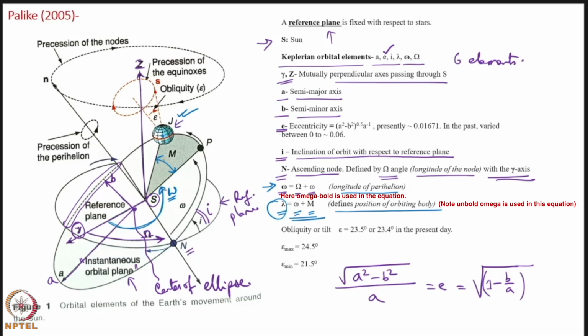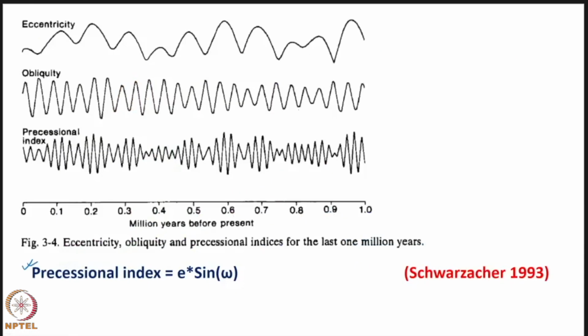We can define the obliquity or tilt, which is epsilon, defined here, which is 23.5 degree or 23.4 degree in the present day. Scientists have found out the epsilon max, which is 24.5 degree, and the epsilon minimum, which is 21.5 degrees. The precessional index can be defined as E, eccentricity, multiplied by sine omega.